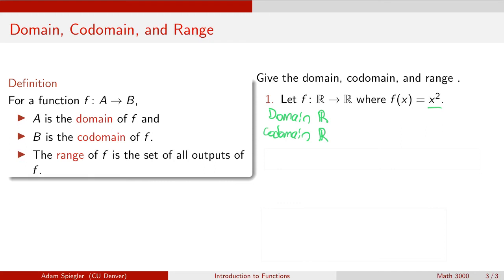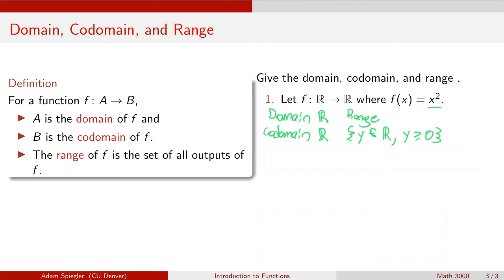And so since the function x squared only has outputs that are greater than or equal to 0, the range is not all of the real numbers, but rather we could say the range is the set of all y in the real numbers such that y is greater than or equal to 0, since we are not going to map to any negative numbers with this function.